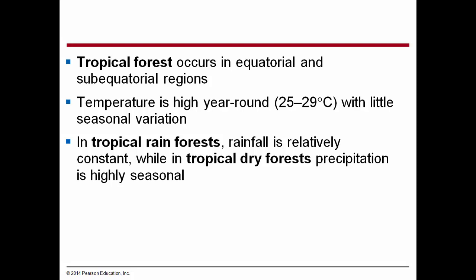Tropical forests occur in equatorial and subequatorial regions. Temperature is high year-round, 25 to 29 degrees Celsius. It's usually around 90 to 100 degrees Fahrenheit with little seasonal variation. In tropical rainforests, rainfall is relatively constant, while in tropical dry forests, precipitation is highly seasonal.